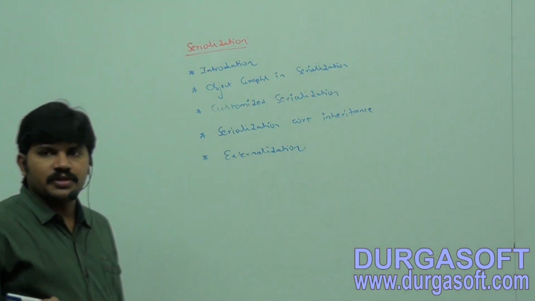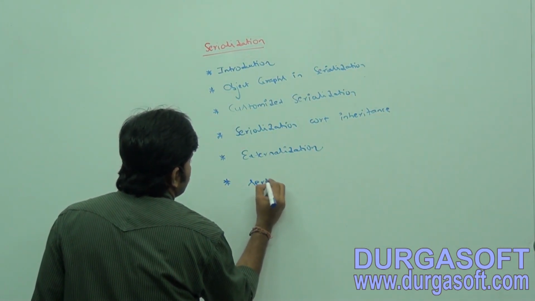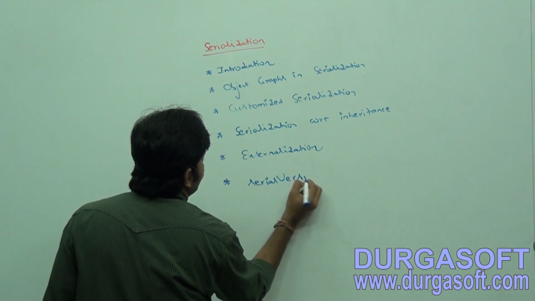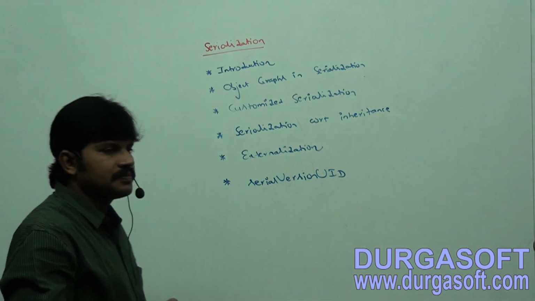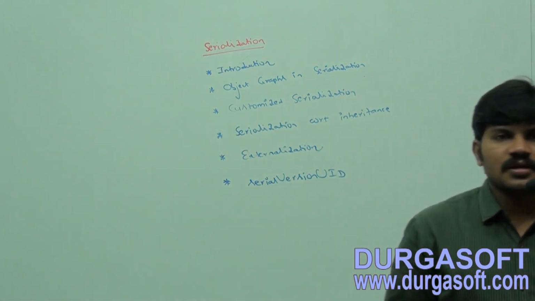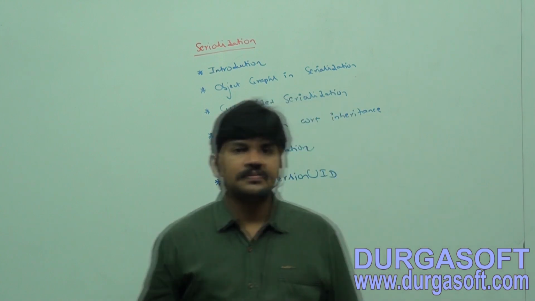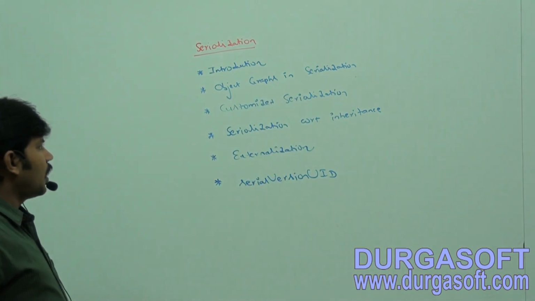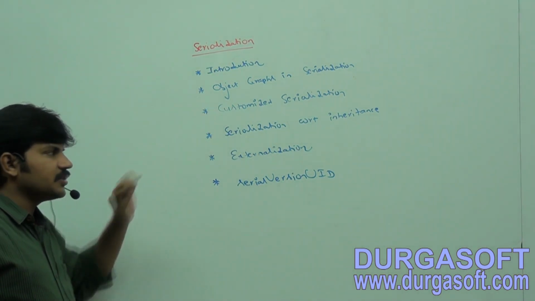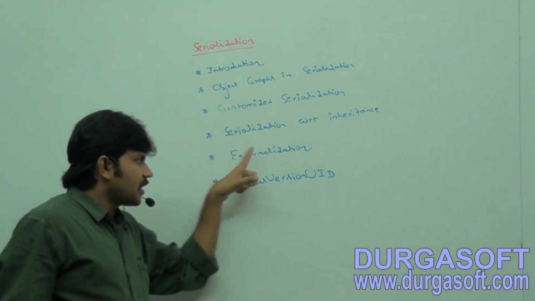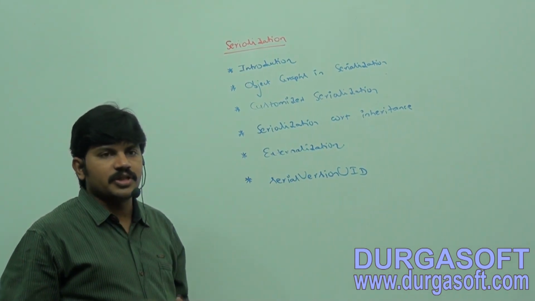Next, serial version UID. Okay, that's all. These are the topics we have to discuss as a part of serialization: introduction, object graphs in serialization, customized serialization, serialization with respect to inheritance. Next, externalization, very important, and then serial version UID.